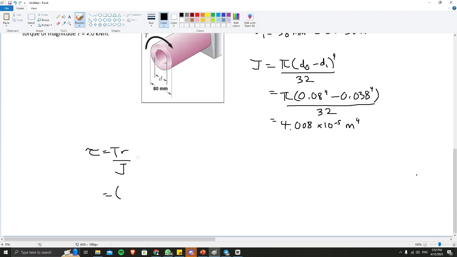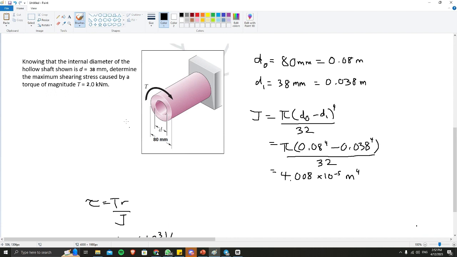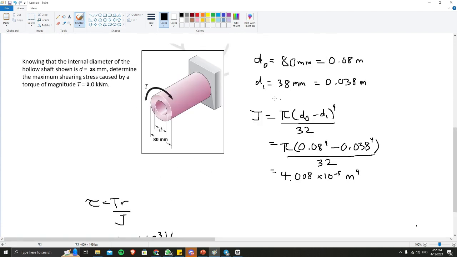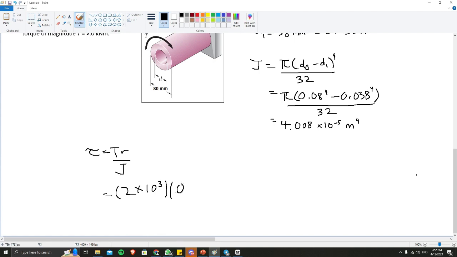The T is in kilonewton, so 2 times 10 to the power of 3, and then the R, the radius, should be the outer layer, so 0.04, and the J we just copy it here, 4.008 times 10 to the power of negative 5.